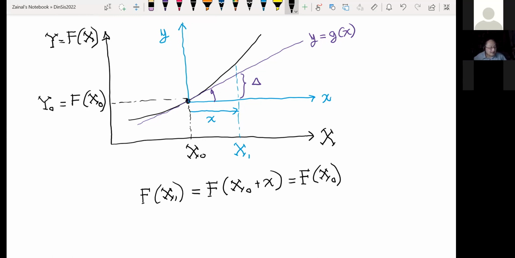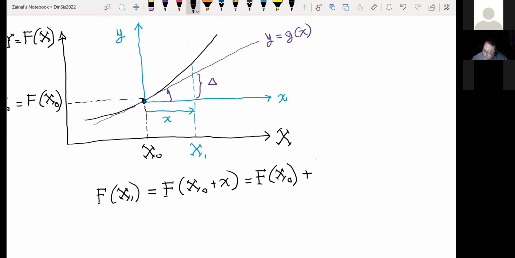Based on Taylor, we approximate with only one term, then this will be the same as df divided by dx, evaluated at x0, multiplied by (x1 minus x0).